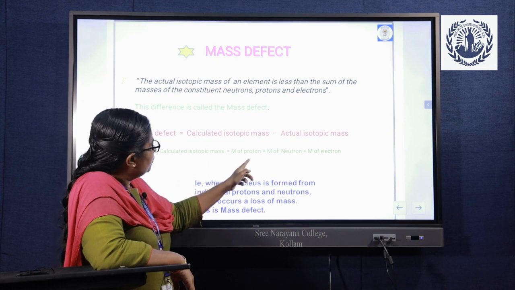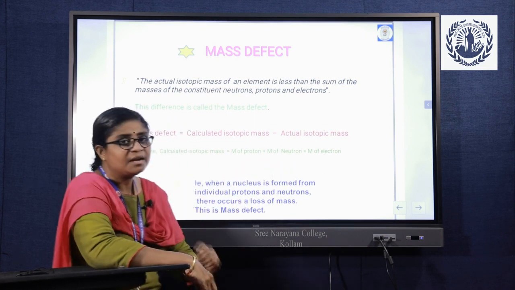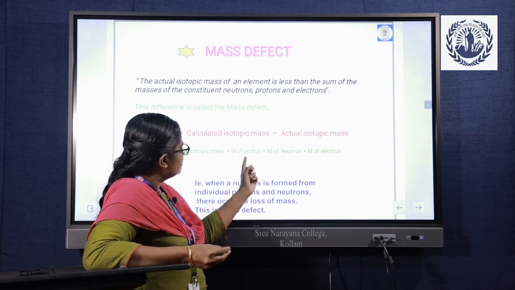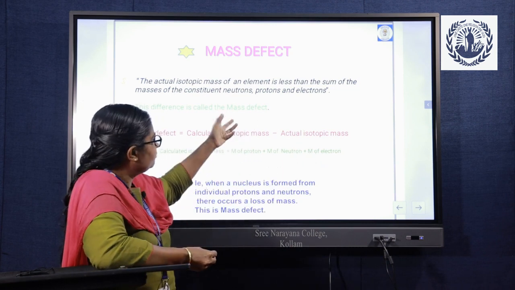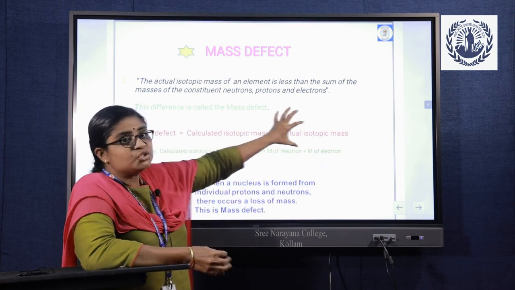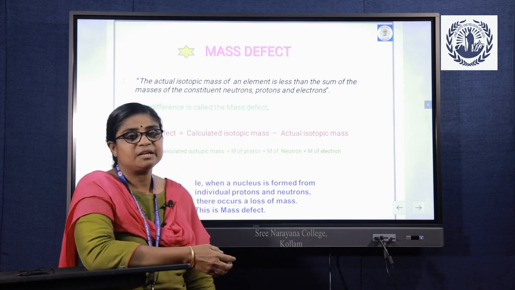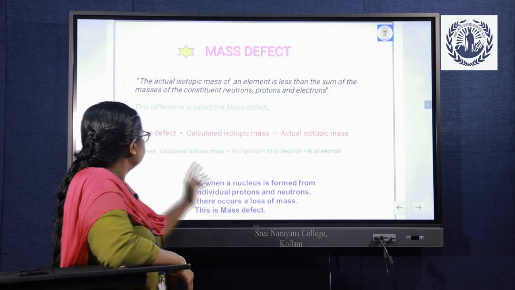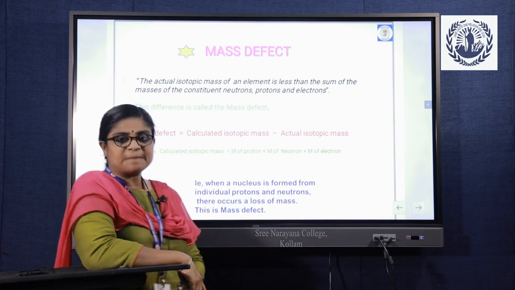That is mass of protons plus mass of neutrons plus mass of electrons. If we calculate this, we will get a definite value. But the actual isotopic mass will be lesser than the calculated mass, and this difference in mass is called the mass defect.